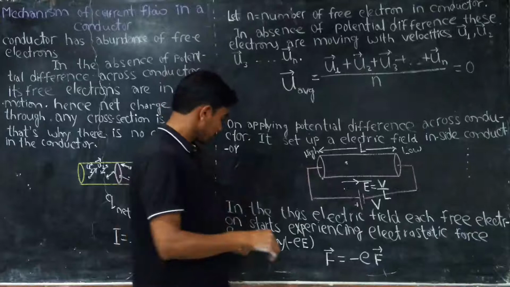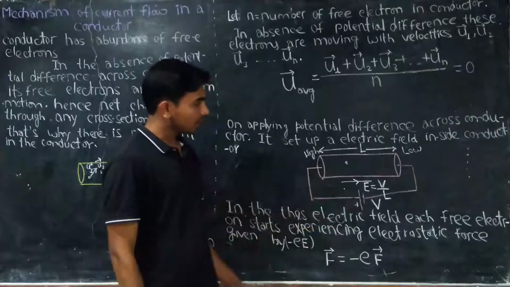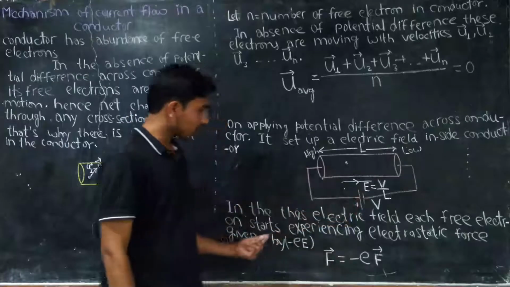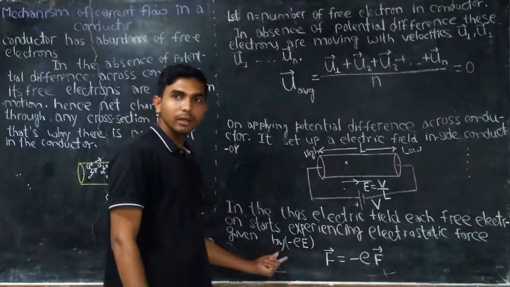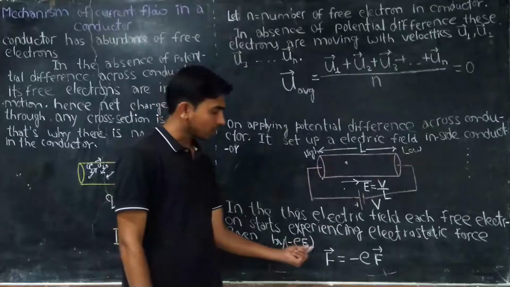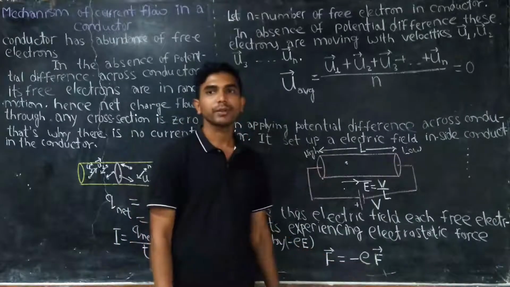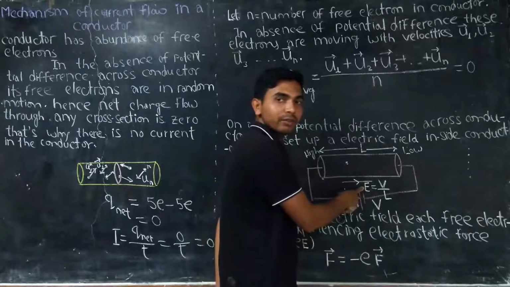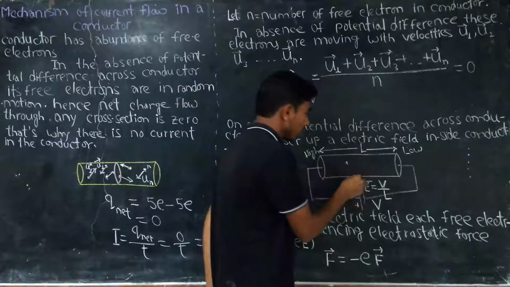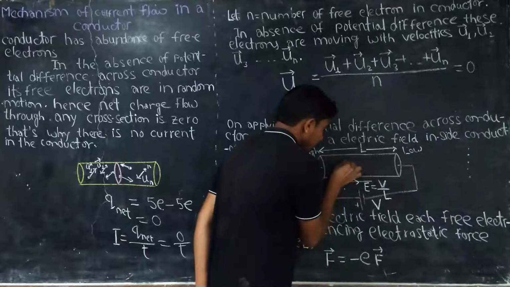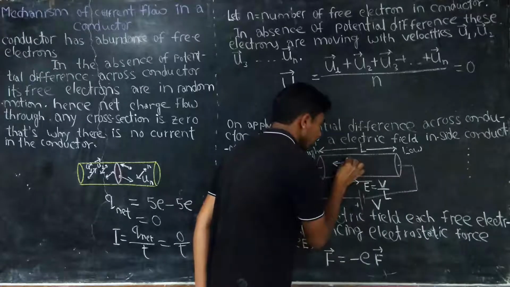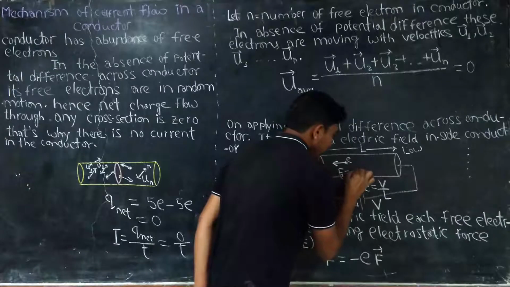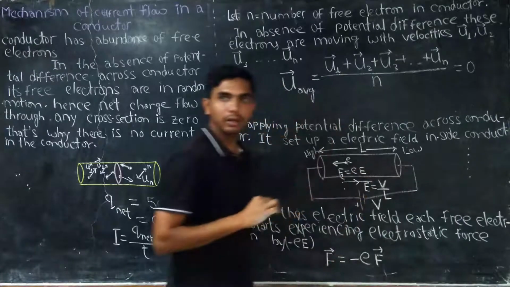In this electric field, each free electron starts experiencing an electric force given by minus e times E. Suppose the electric field is established in this direction, E. Then the force on the electron will be F equals minus eE.